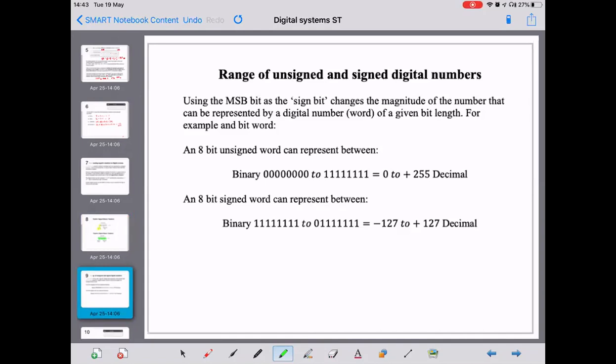That's negative, because this first bit is 1, and this first bit is 0, so that's positive. It goes from minus 127 up to plus 127. So we still have 256 values, but half of them are positive and half of them are negative.